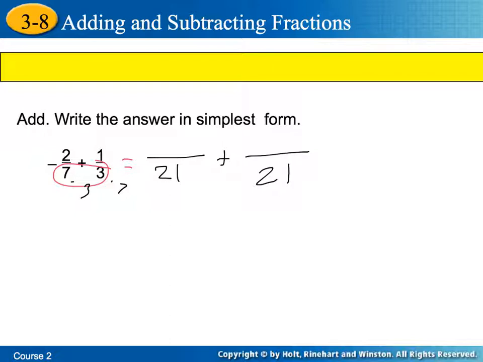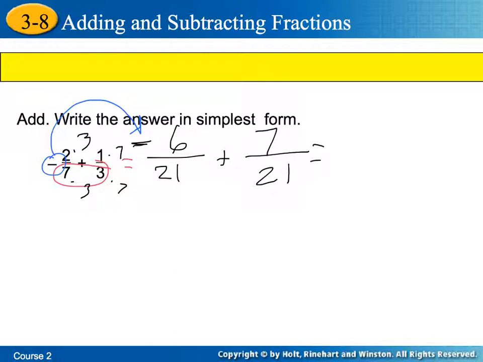How did I get there? Well, I took 7 times 3 to get there, so my numerator needs to multiply by 3. 2 times 3 is 6. Don't forget this is negative. My negative symbol went right in there. Then I have 1/3. How did I get from 3 to 21? I multiplied by 7.